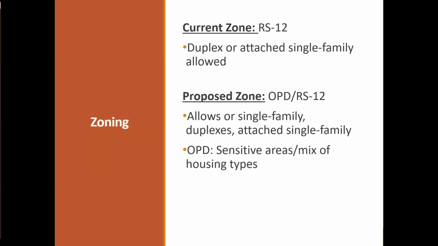The proposed zone, OPD RS12, has the base zone RS12, which allows, like I said, the higher density than other single-family zones, and the OPD was required because of the sensitive areas and the mix of housing types proposed in that area. The rezoning combined with the boundary line adjustment do not change the land uses that have been approved on the 2024 major site plan for Lot 5 Forest Hill Estates.